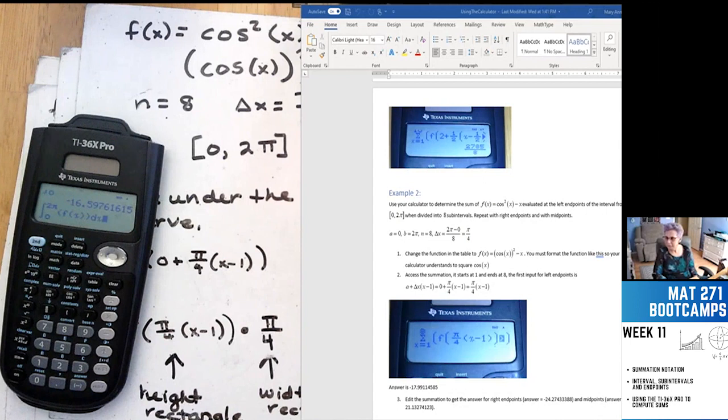Yep. Which is the whole goal of the Riemann sum, is to estimate that area. So we think of it as we find the area of all those little rectangles. The more rectangles we have, the better our estimate. So we take the limit as the number of rectangles goes to infinity.